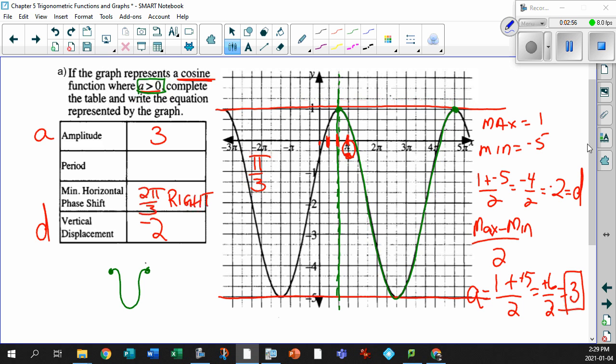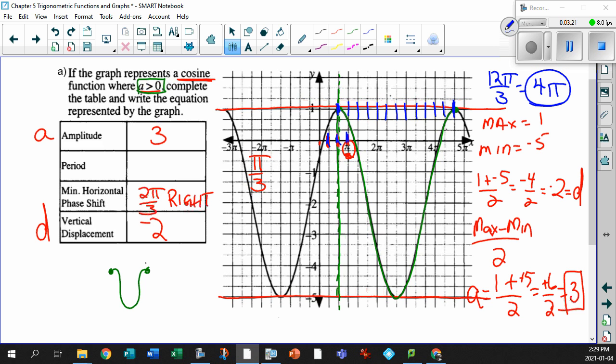Wow, awesome. Now my question is, what's the period? Well, you can count this again. Remember, each one of these ticks is a pi over 3. So starting here, going to here. Ready? 1 pi over 3, 2, 3, 4, 5, 6, 7, 8, 9, 10, 11, 12 pi over 3, which is just 4 pi.